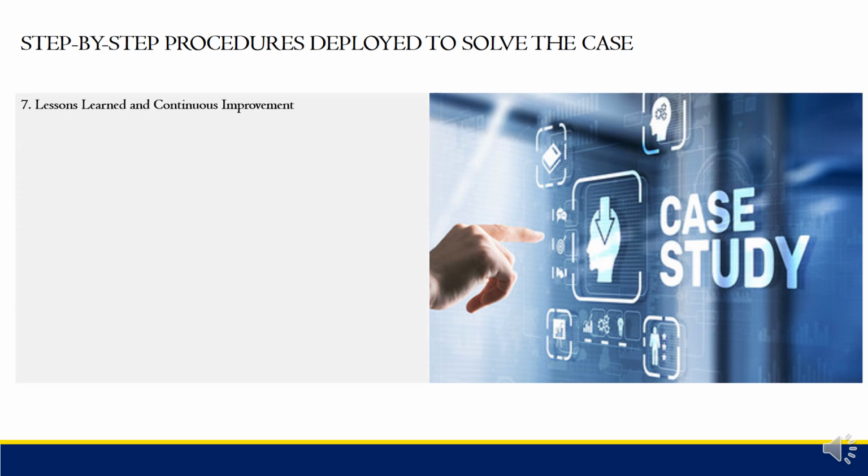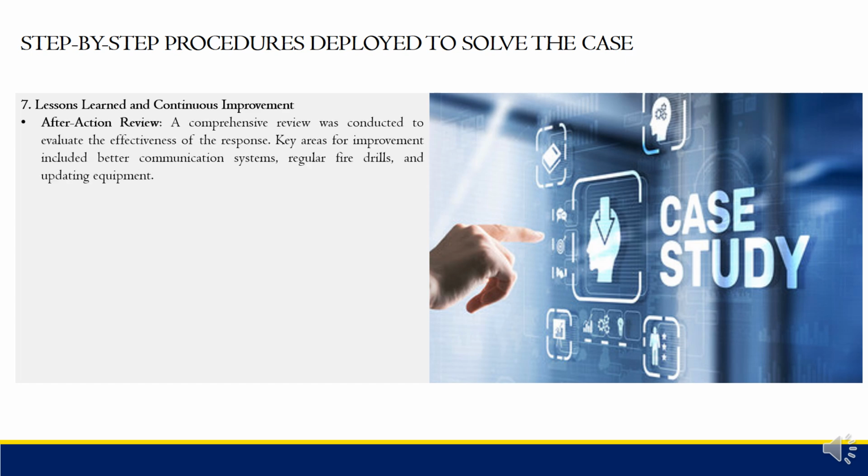7. Lessons learned and continuous improvement. After action review: a comprehensive review was conducted to evaluate the effectiveness of the response. Key areas for improvement included better communication systems, regular fire drills, and updating equipment.